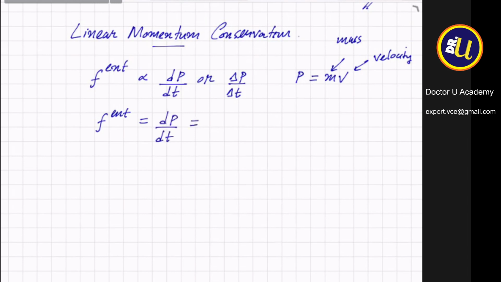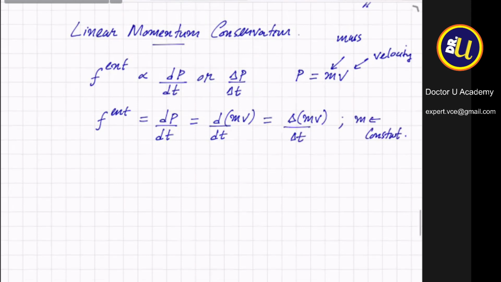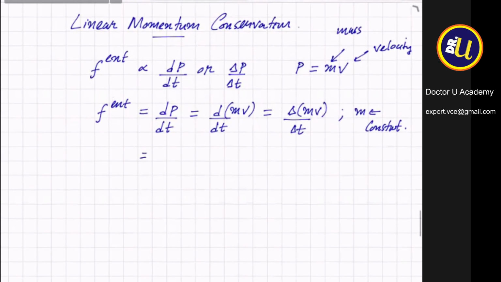So this should be d/dt of m times v, or you can say delta mv divided by delta t, right? So here we will consider m to be a constant value. So if m is a constant value, you can take that out. So this is m times delta v divided by delta t, and that is F external force.